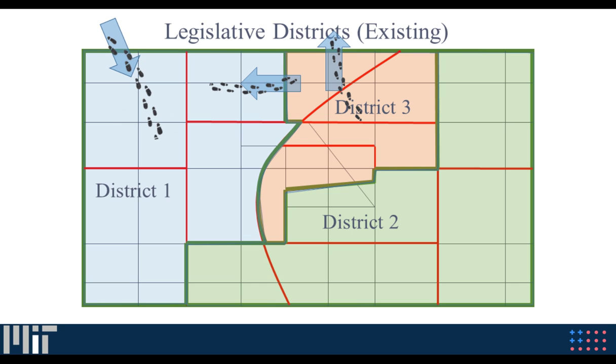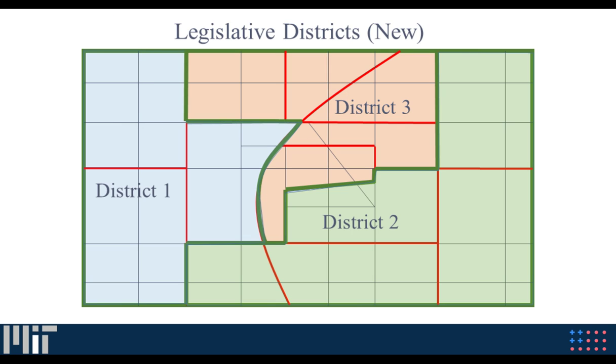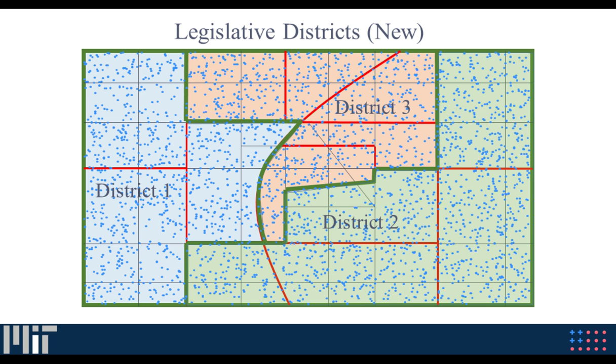And so we can find, for instance, because of movements, say in this case, on net people leaving District 3 and on net moving into District 1, having to basically expand the geography of District 3 and shrink the geography of District 1. And that's just at the macro level, at a very general level.